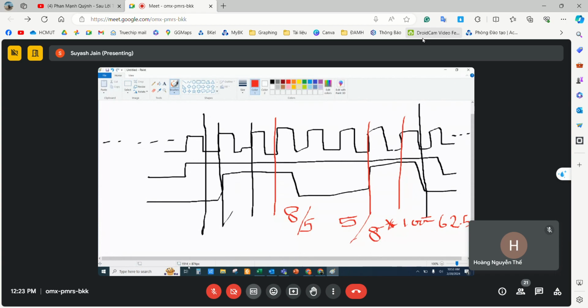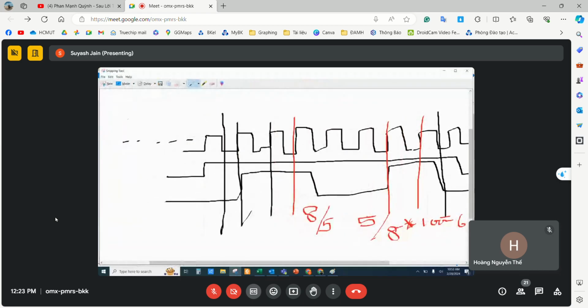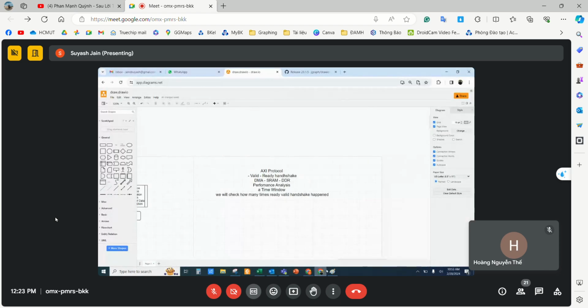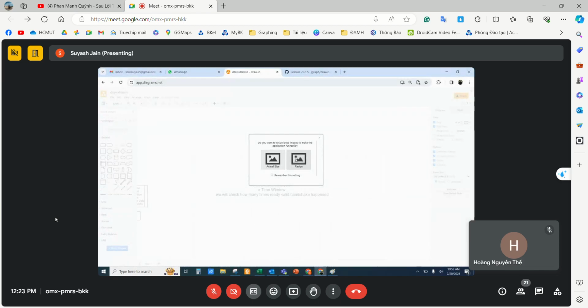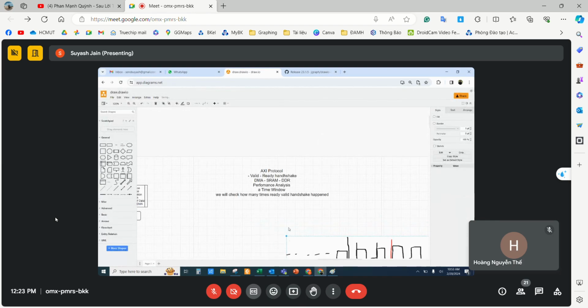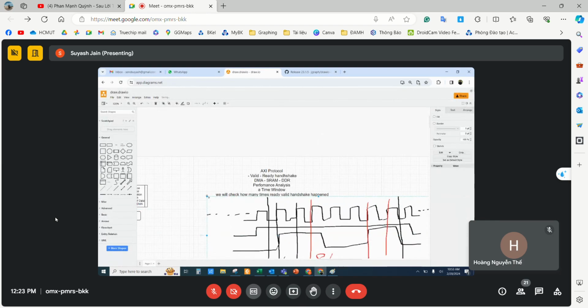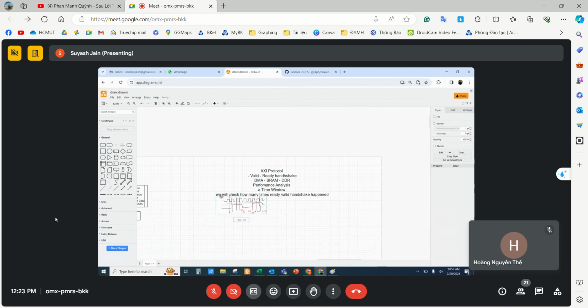You understood how we calculate the performance? That within a valid time frame, how many times the ready valid handshake happened? If the ready valid handshake is happening, it means we are utilizing the bus. Okay? We are utilizing the bus. We will check how many times the ready valid handshake happened.